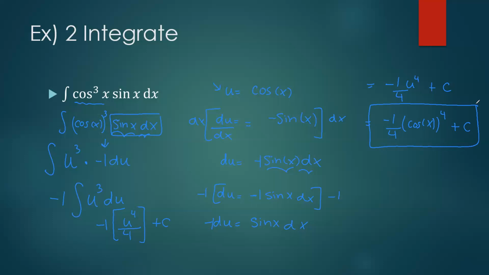So in this example, the only thing we had to do is get rid of this negative 1 by multiplying both sides by negative 1. Okay, let's move on to example 3, or if you need to pause, go ahead and pause the video.